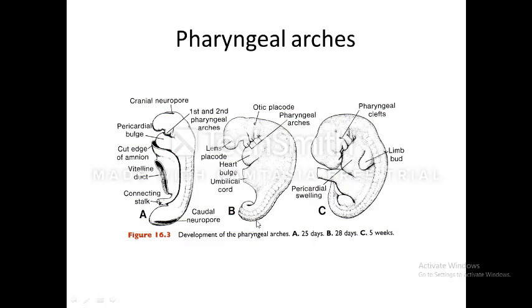At day 28 appear the third pharyngeal arches. When the embryo reaches the 5th week, there is complete appearance of the pharyngeal arches, pouches and clefts.